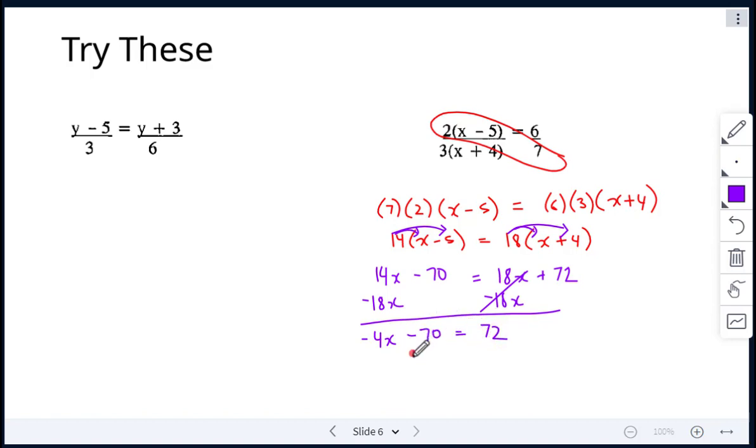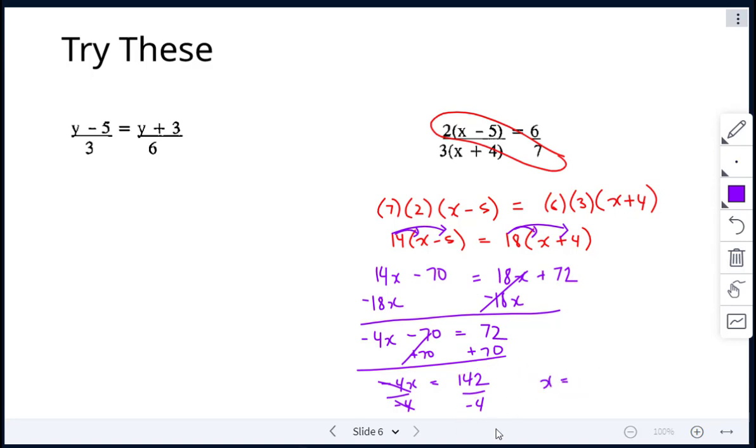And we're going to add the 70 to both sides. And we have negative 4x is equal to 142. And then lastly, we just have to divide by negative 4 on both sides. Okay, and that'll leave me with x.